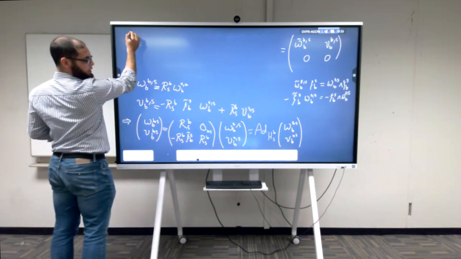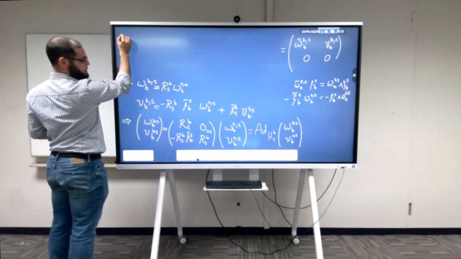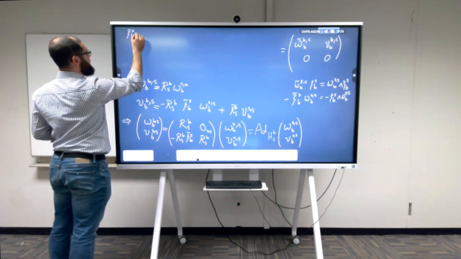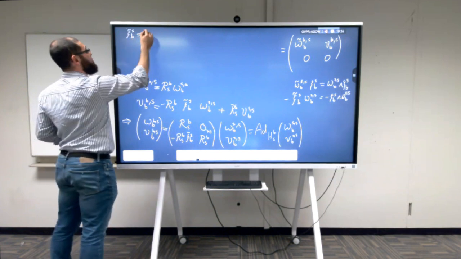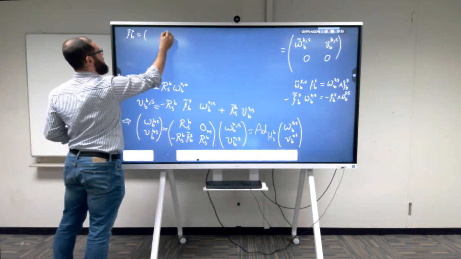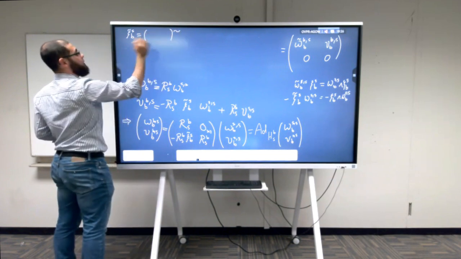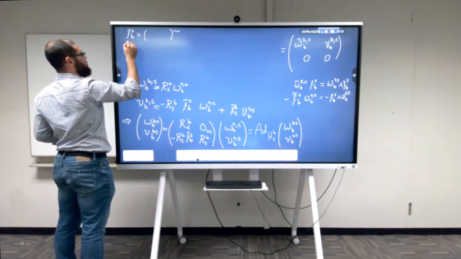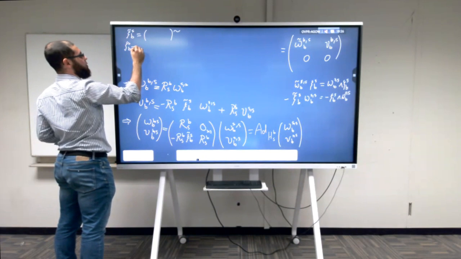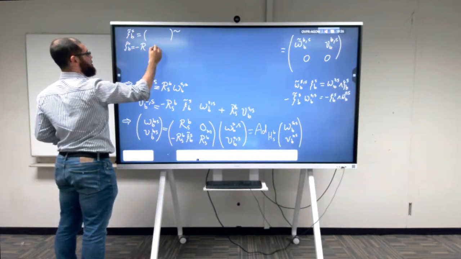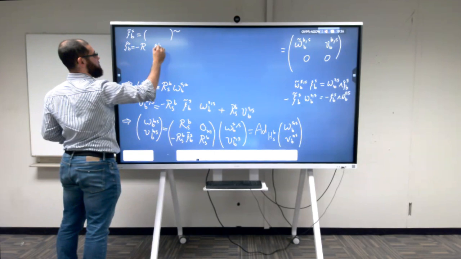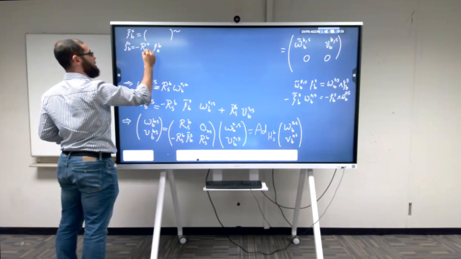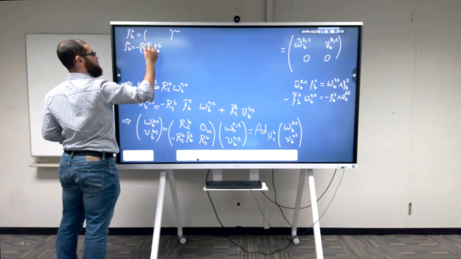So this guy here, which looks annoying, the psi_BS tilde, is nothing else than the tilde form of the psi_B with respect to S, which was equal to minus R_SB transpose, or in other words, R_BS.